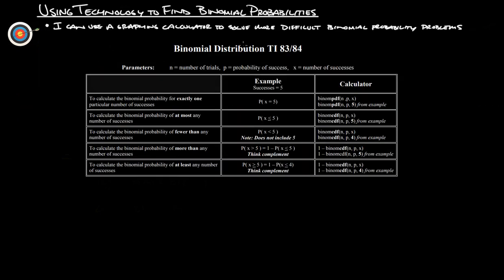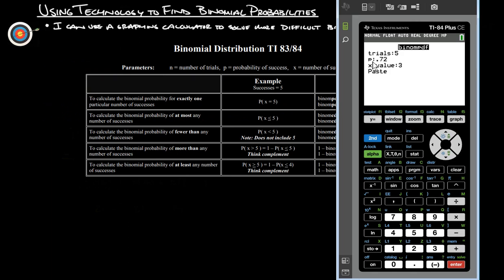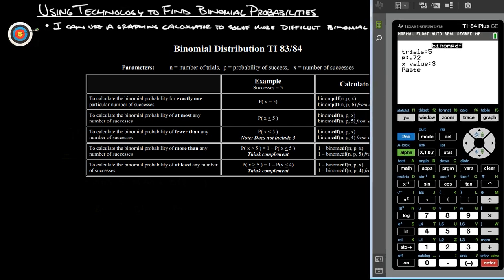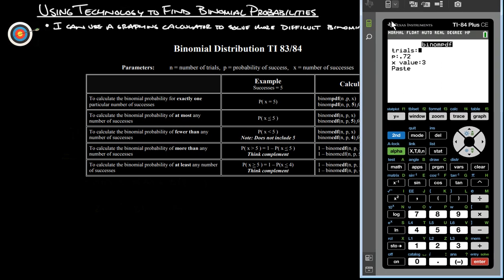Before we get too far into this, I want to show you this binomial distribution for the TI-83/84, because they're going to give you this. They have the trials, the p, and the x, and right here it says n is the number of trials, p is the probability of success as a decimal, and the x value is the number of successes that we are looking for.